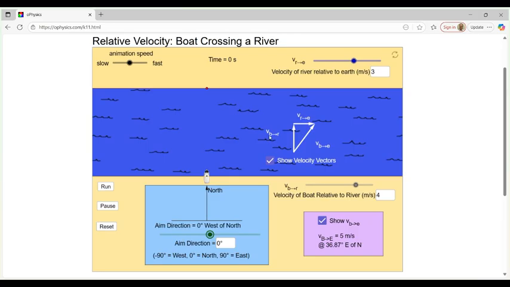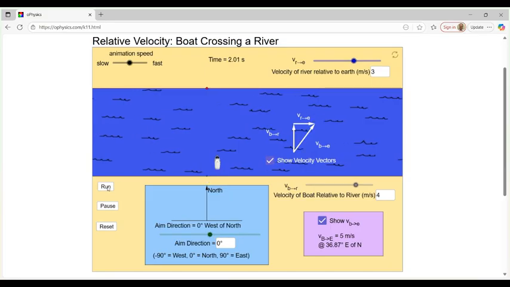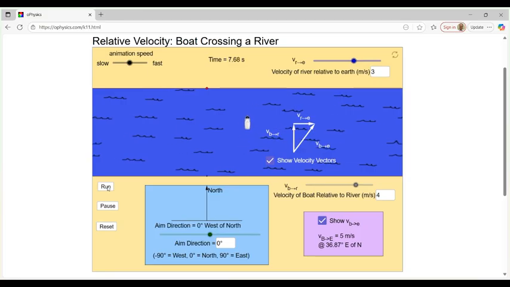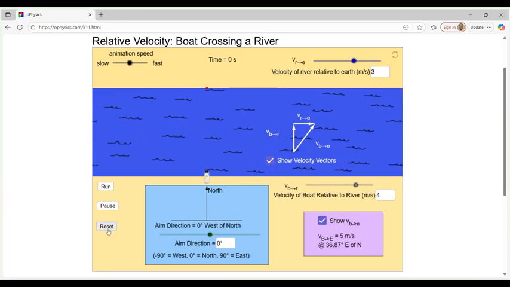So you can see the little subscripts there, B to R, boat relative to river, R to E, river relative to earth. And then my resultant vector, where my boat is actually going to move, is the velocity of my boat relative to the earth. How does my boat move relative to the shore? We can see that's going to move off to the right, and we can see the boat follows that vector at an angle. But let's turn my boat a little bit.